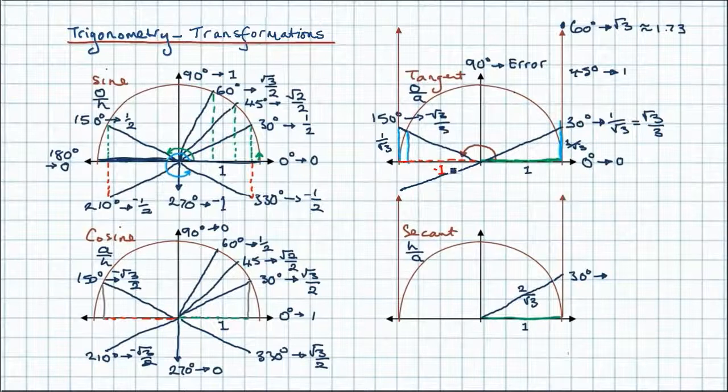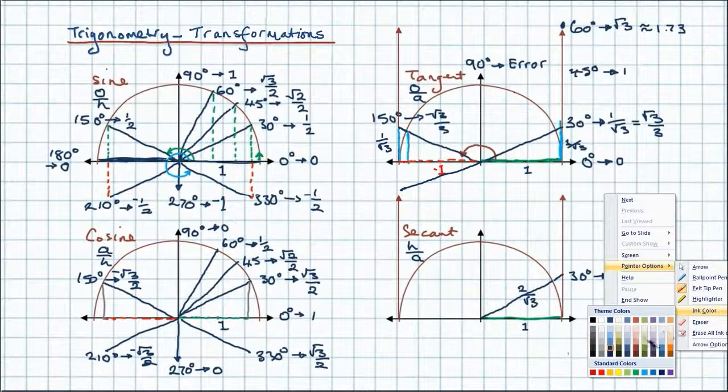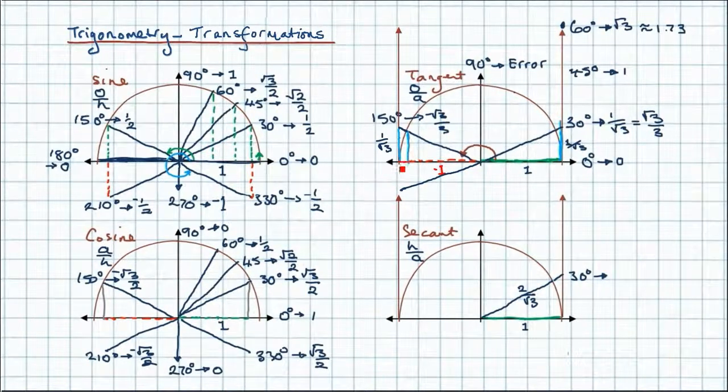Well, I said that it would stay in the negative, and that's true, that obviously the adjacent side will remain negative, but the opposite will go into the negative as well. And this is what I didn't explain. So let's use a red pen for that too, and now draw in the opposite side of this reference triangle.